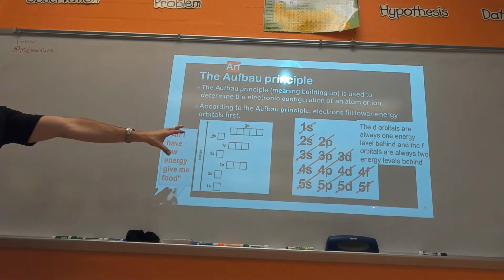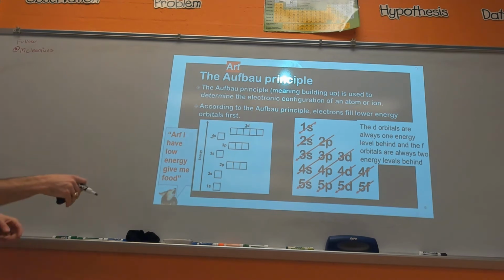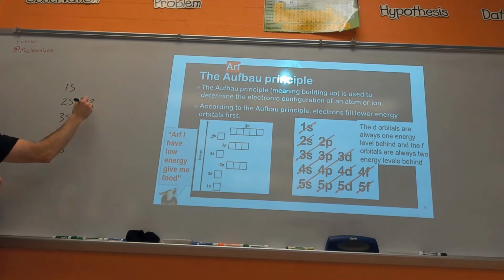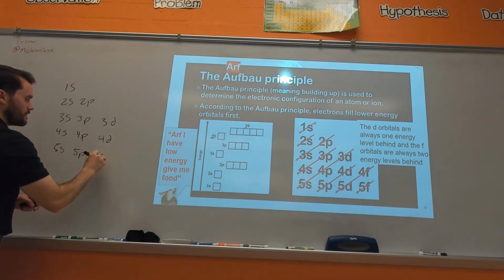This is trying to show you the order you go. If you go 1s, 2s, 3s, 4s, 5s, and then the p's, you go one down and over: 2p, 3p, 4p, 5p. And then the d's, notice the pattern here, like a ladder: 3d, 4d, 5d.